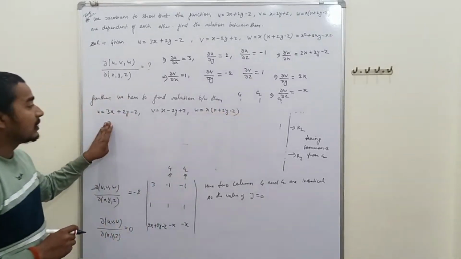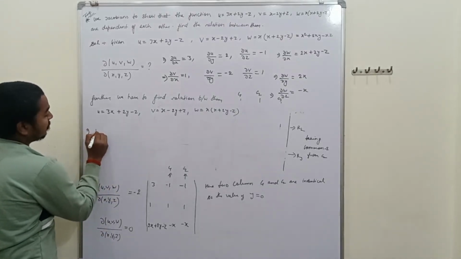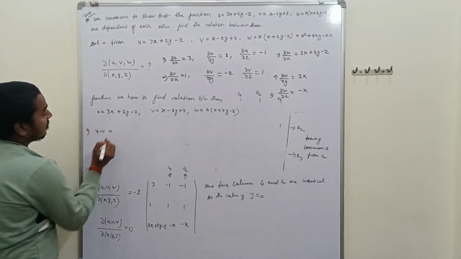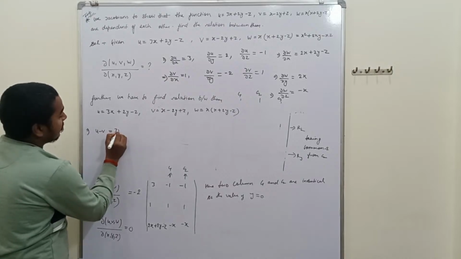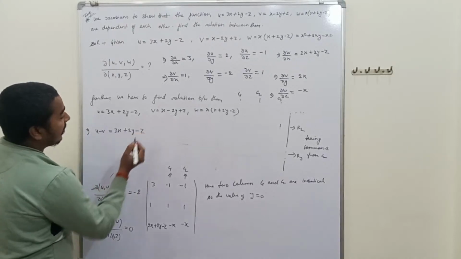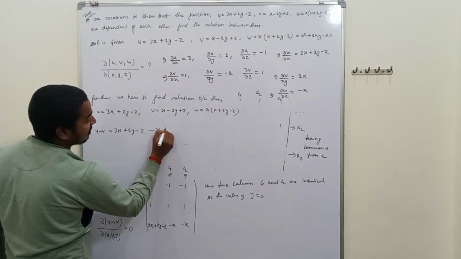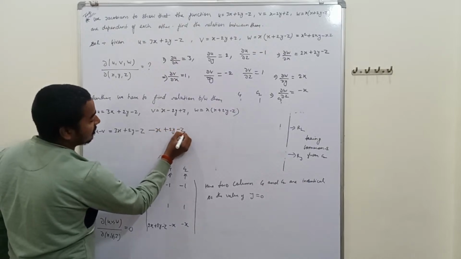We can write u minus v, that is 3x plus 2y minus z, and minus v, that is minus x plus 2y minus z.